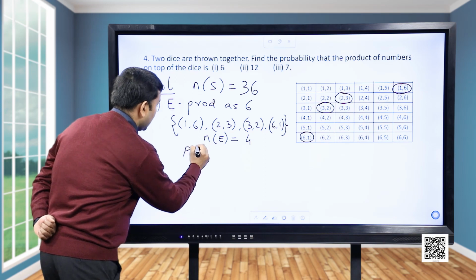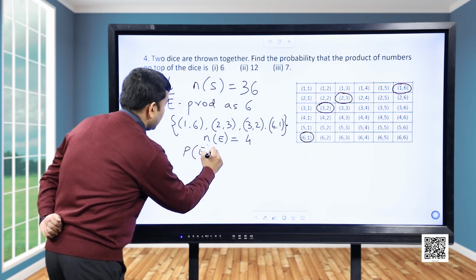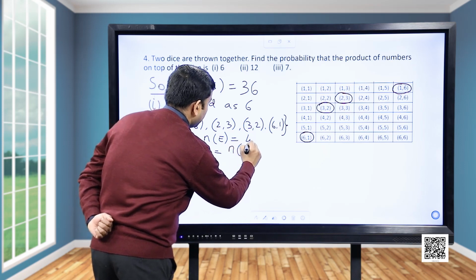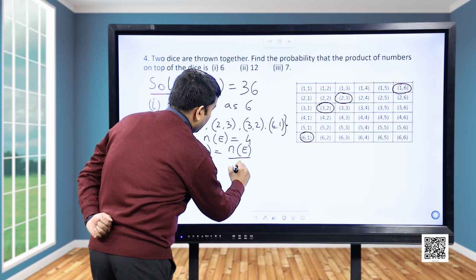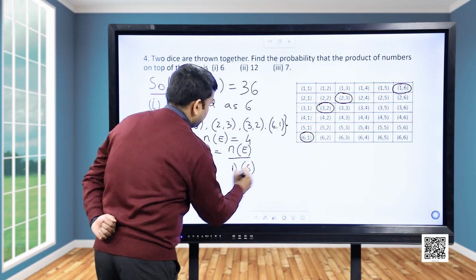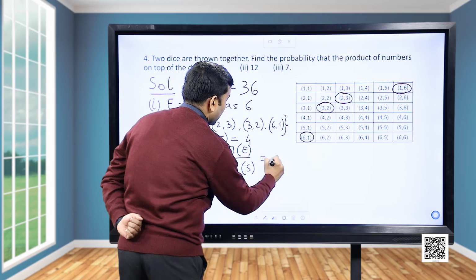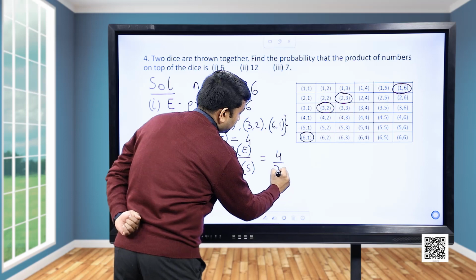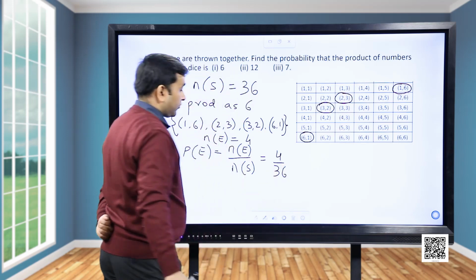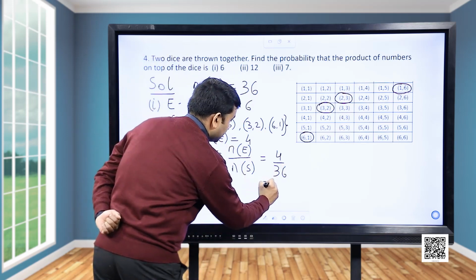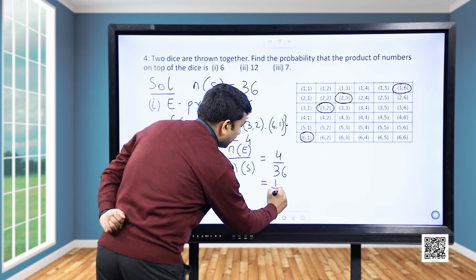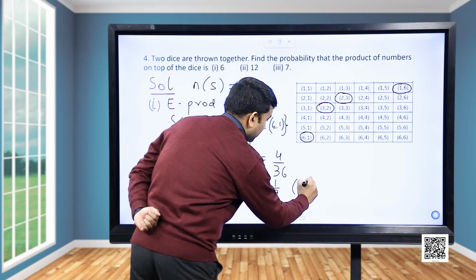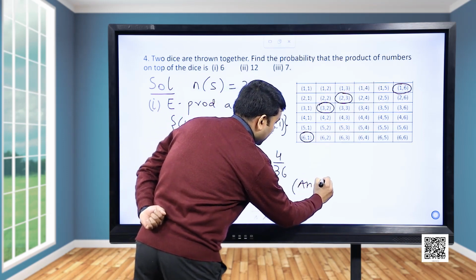We use the formula P(E) equal to n(E) upon n(S), which is equal to 4 by 36, and this is equal to 1 by 9. Why? Because 4 9s are 36, and this is our required answer.